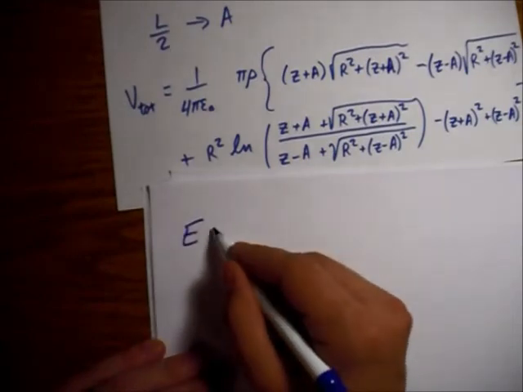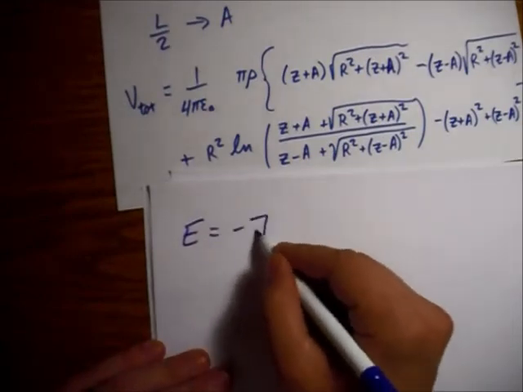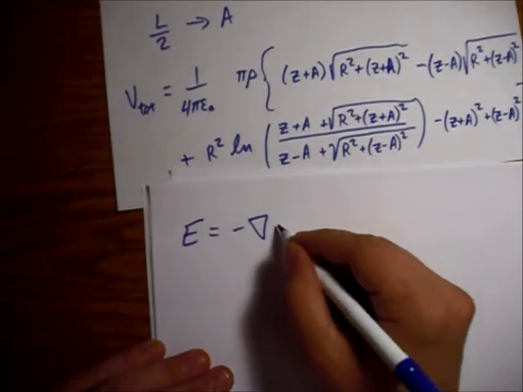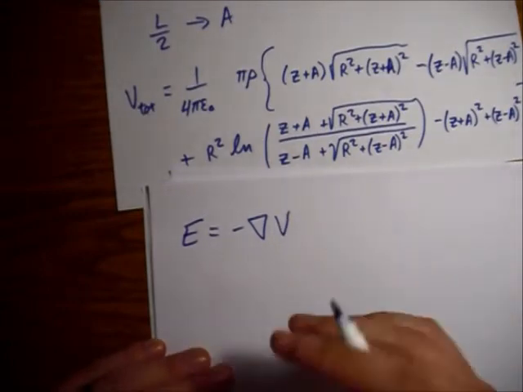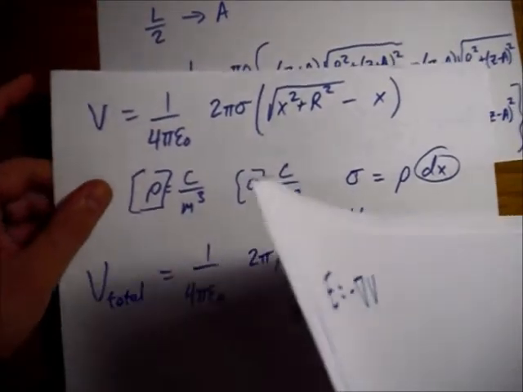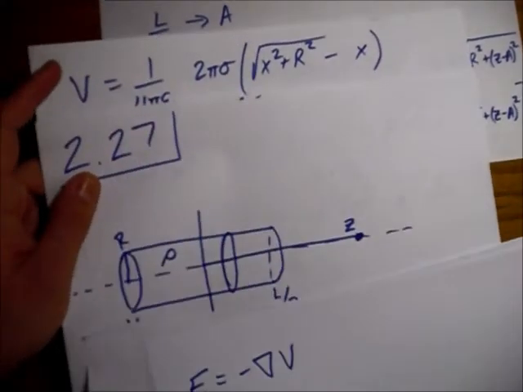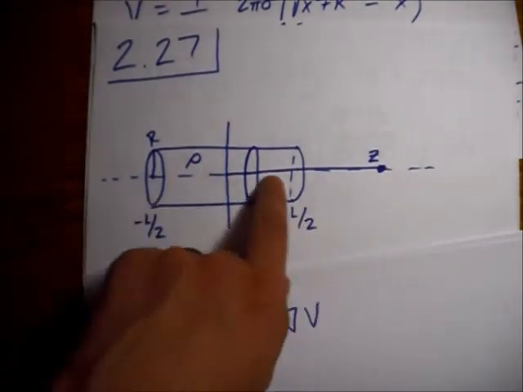And for that we need the negative gradient of our potential. So at least this is only in one dimension, right? So we're only talking about z.